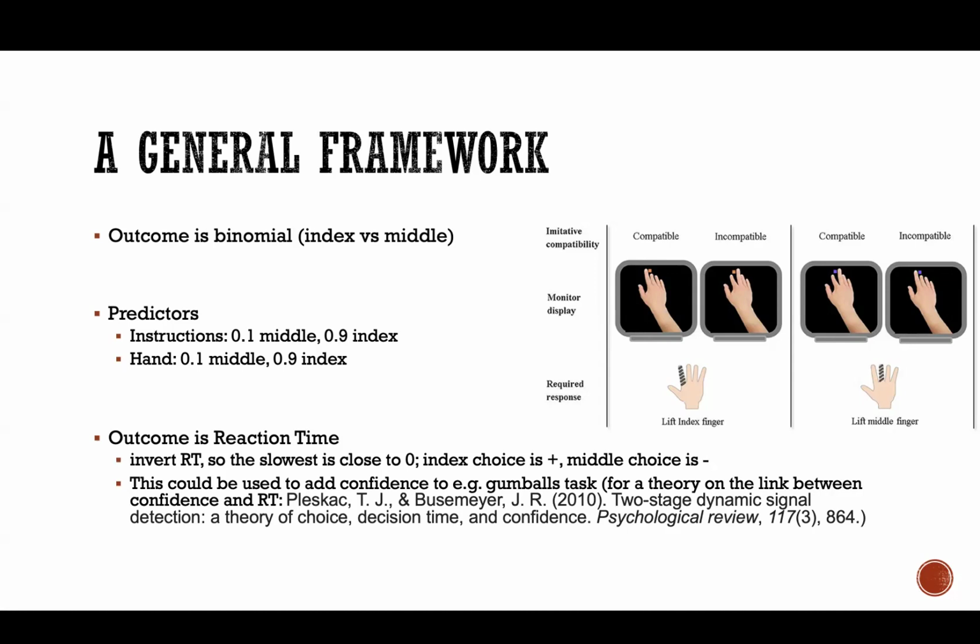Then index choice gets a plus sign, and middle choice gets a minus sign, so that you have a bunch of reaction times which get split in two according to the choice that the person has made. The slowest reaction times are remapped onto 0 because it's the most uncertain choice, and the fastest reaction times are remapped onto the extreme because they're the most confident choice. Right?